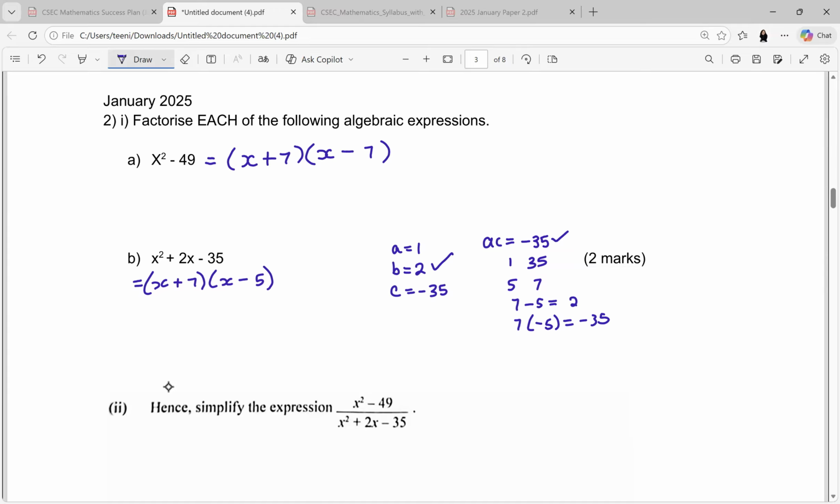That's all. You don't have to do the whole long factorizing by grouping like how we did it before. All right, and there you have it. Those are your factors of x squared plus 2x minus 35. A good practice is to multiply out these brackets to make sure you get back the original expression.